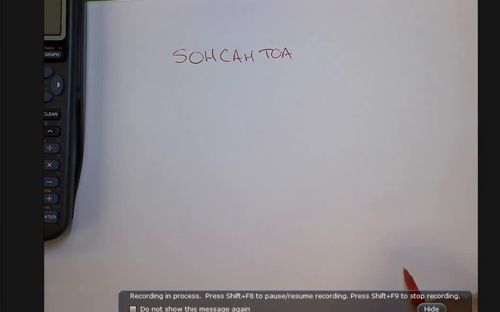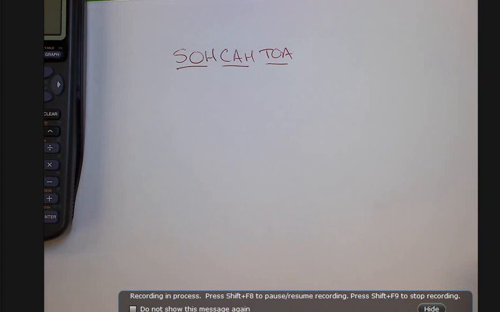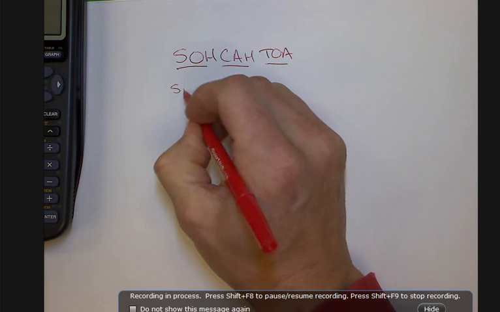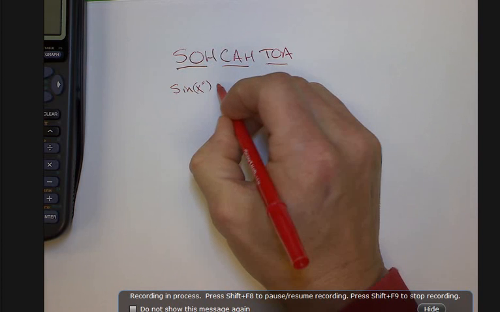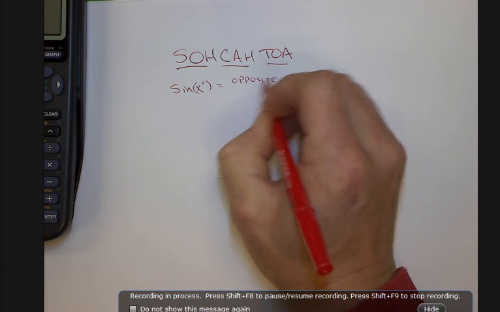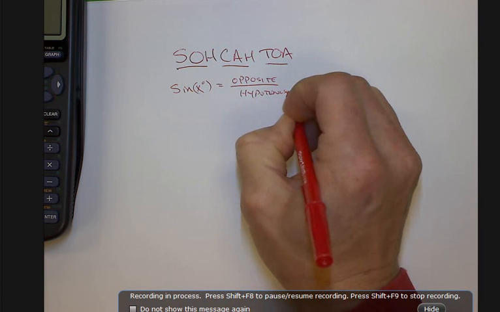And we're going to break that up into three parts: SOH, CAH, TOA. The S stands for sine of some angle, so sine of x degrees is equal to the opposite side over the hypotenuse.